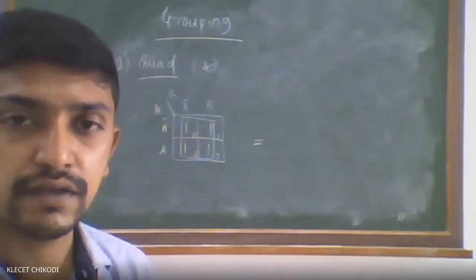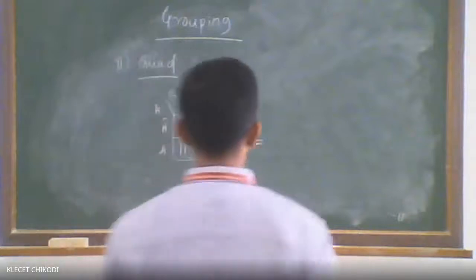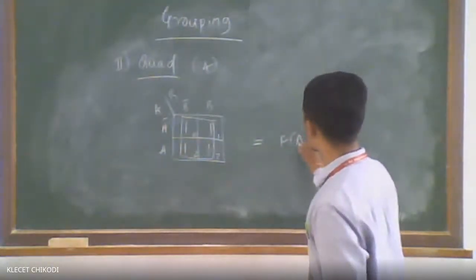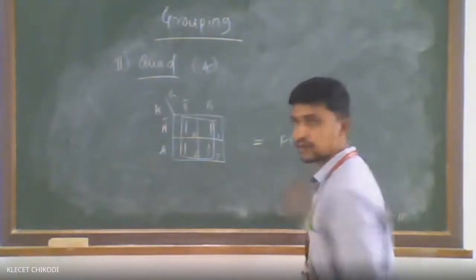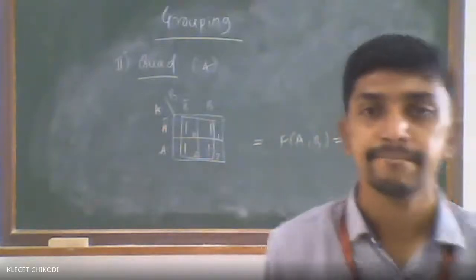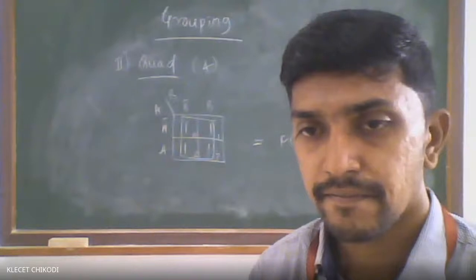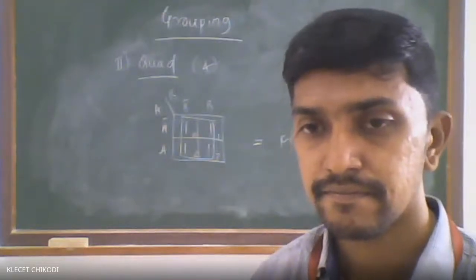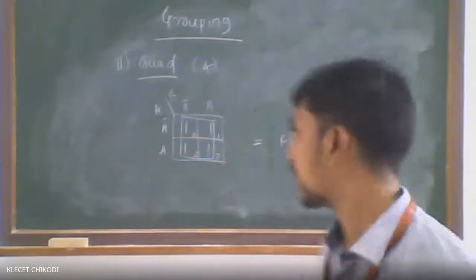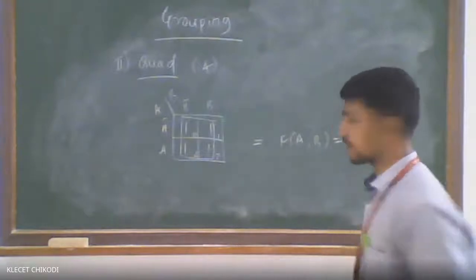The function, simplified function value, that is f of AB. What you will get? So that will be 1 here.